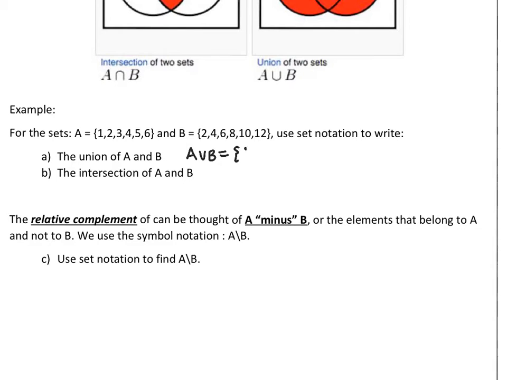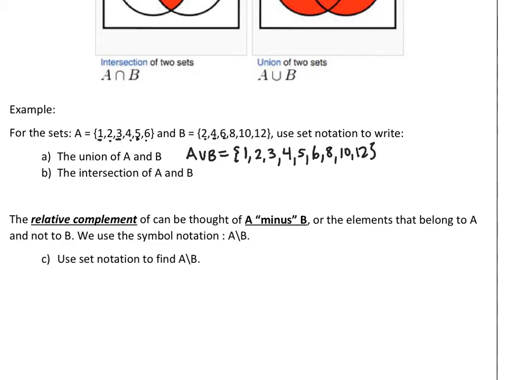Okay, so I've got the numbers 1, 2, 3, 4, 5, 6, and then I also have 8, 10, and 12, right? 1, 3, and 5 are only in A. 2, 4, and 6 are also over here, and then I have in addition 8, 10, and 12.